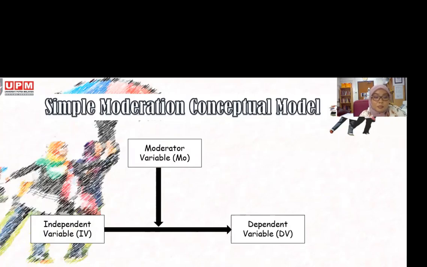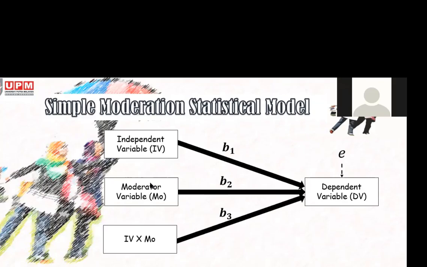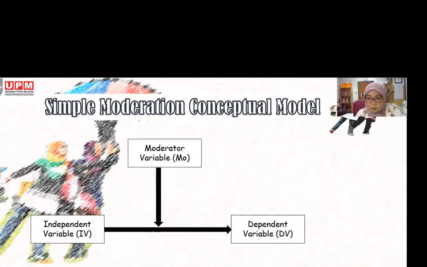It does not interact directly with the variable like the mediator does. It is not the same as a mediator. For a mediator, the arrow goes from the independent variable to the mediator and then from the mediator to the DV. But here, the moderator interjects on the relationship itself. Okay, so this is the conceptual model.